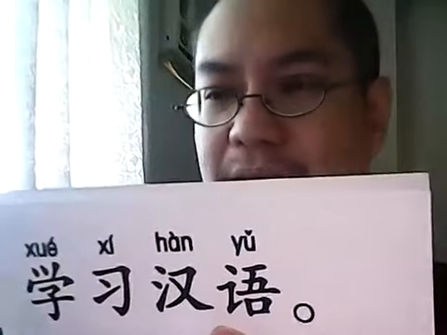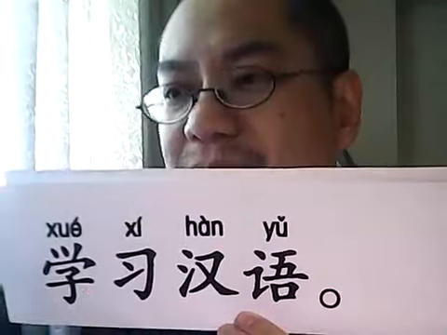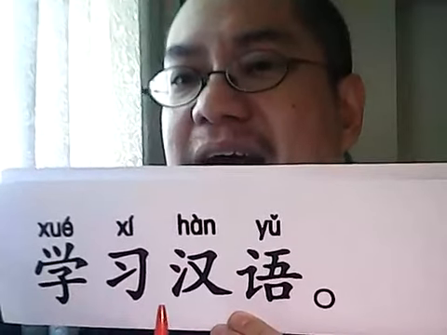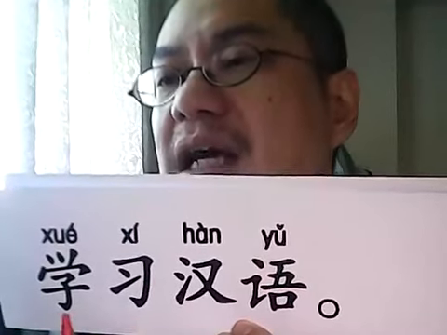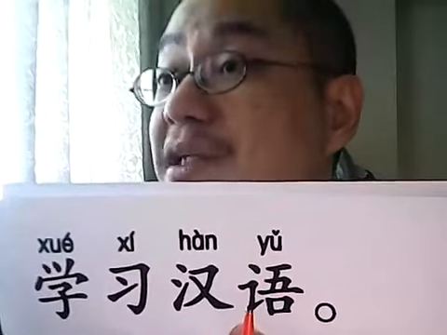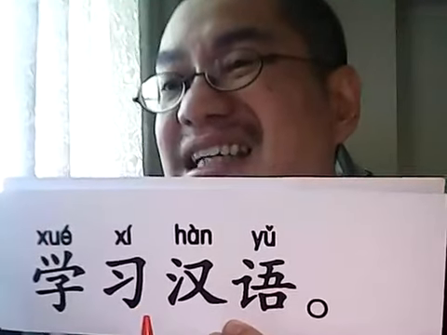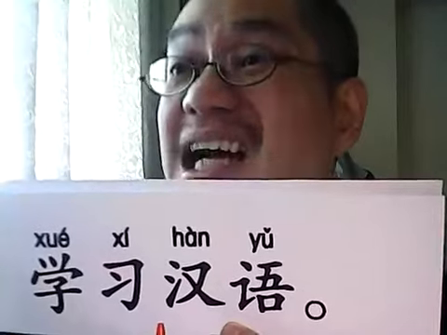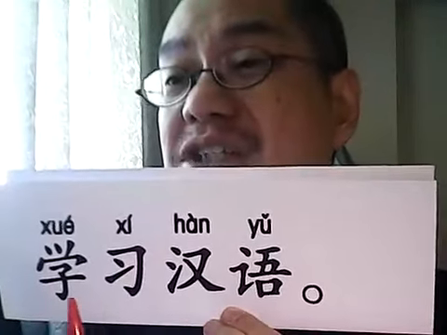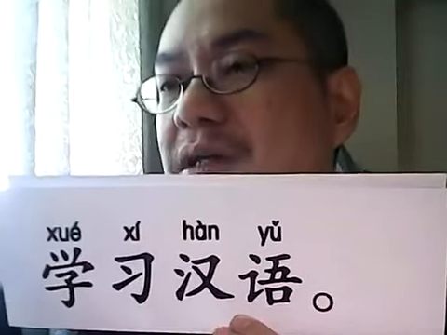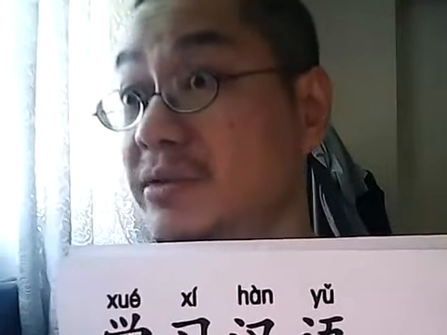First one. 学习汉语. Okay, 学习 means to learn. 汉语 of course means Chinese. Learn Chinese. Actually, this is already a kind of imperative sentence. 学习汉语, learn Chinese. Normal tone.